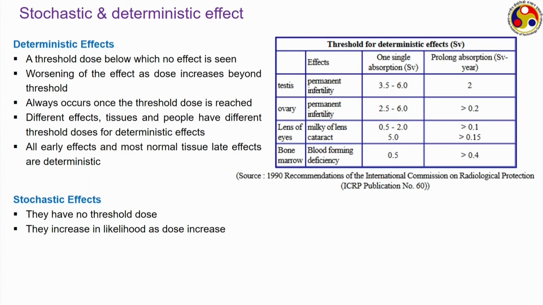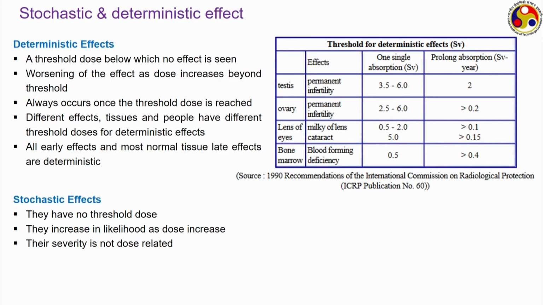The severity of the stochastic effect does not depend upon the intensity of the dose, but as the dose intensifies, their appearance is more likely. So, we can't say that for this particular dose this kind of stochastic effect is going to appear or not, but of course, they are more likely.